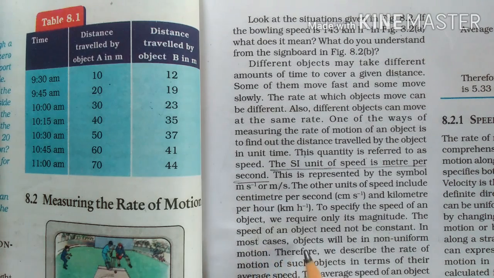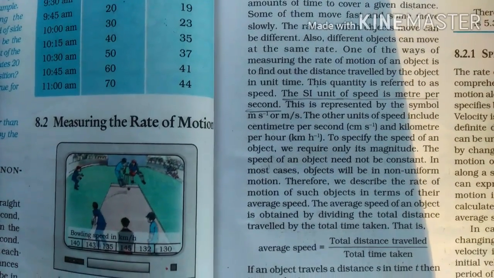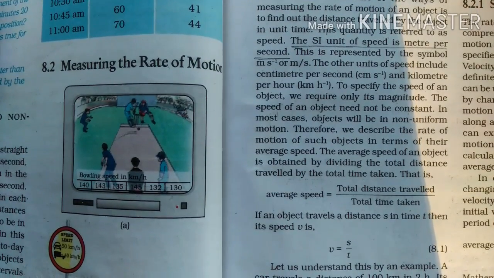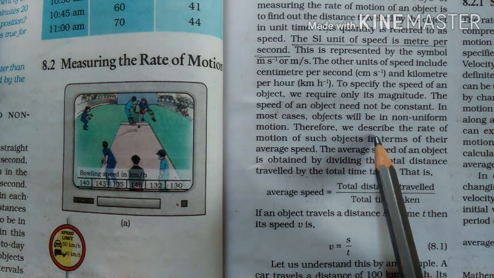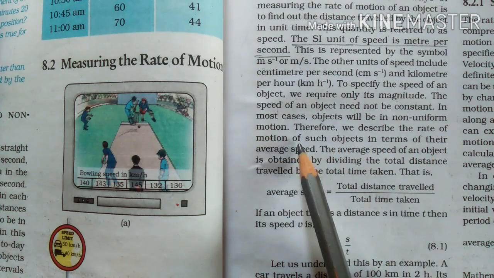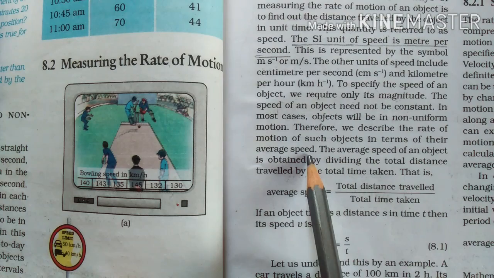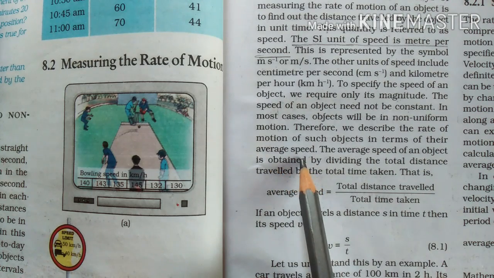In most cases, objects will be in non-uniform motion, and at that time the speed of an object need not be constant. Therefore, we describe the rate of motion of such objects in terms of their average speed.